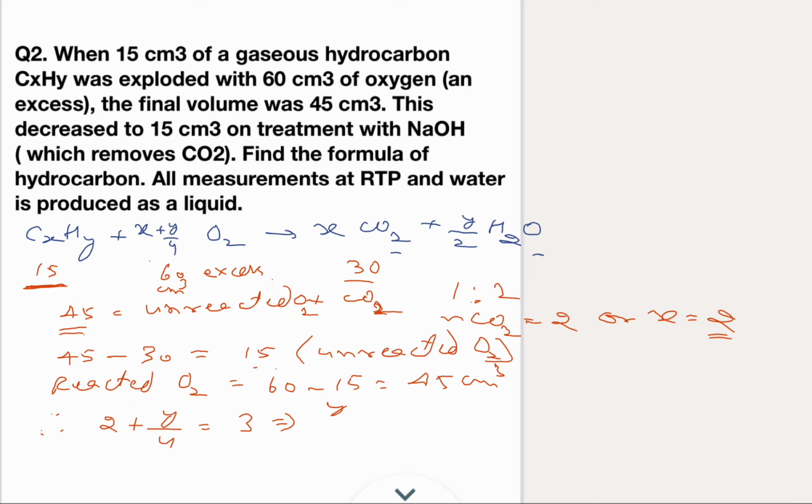So y divided by 4 here is equal to 1, so y is equal to 4. Therefore the formula of the hydrocarbon becomes C2H4, or ethene.